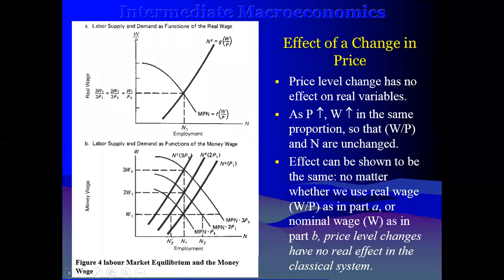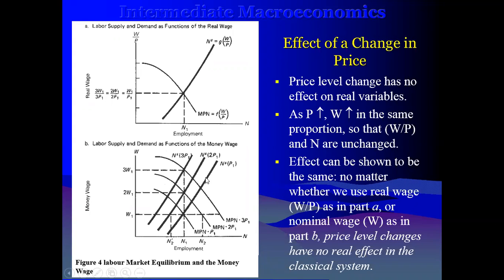So workers, private individuals, will not be willing to supply more hours of work. If you remember, there's a positive relationship between the wage rate and labor supply. So if there's an increase in price, there's a decrease in the real wage, and as a result individuals will supply less.